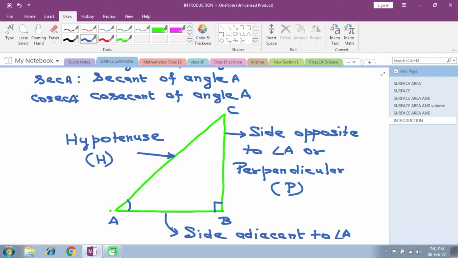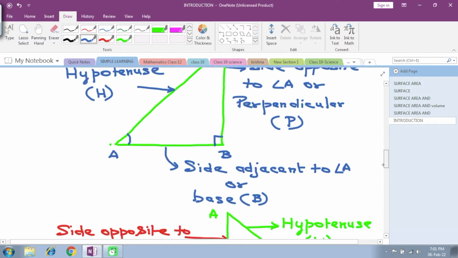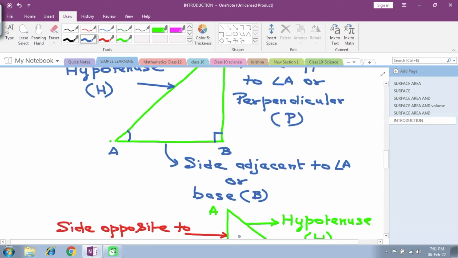Similarly, AB is the side adjacent to angle A, or it can also be called the base. So base is a side of a triangle which is adjacent to the angle in question. The third side AC is called the hypotenuse. We are going to denote hypotenuse by capital H, perpendicular by capital P, and base by capital B.